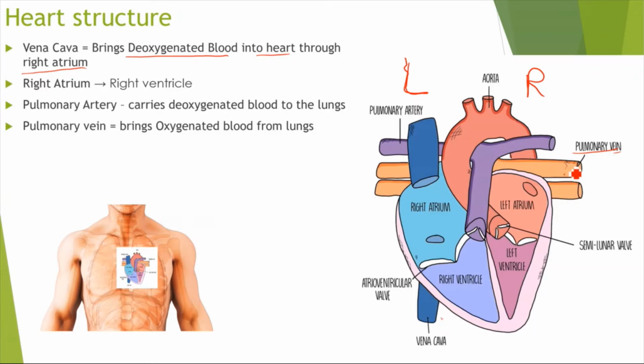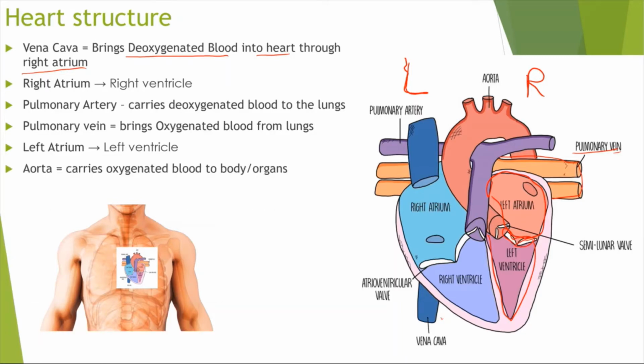This blood will now be oxygenated as it has come from the lungs. Then the blood passes to the left atrium, so this place here, and then to the left ventricle, again through the atrioventricular valve, and then it passes to the aorta, through the semilunar valve, and this oxygenated blood is transported to the body and the organs.